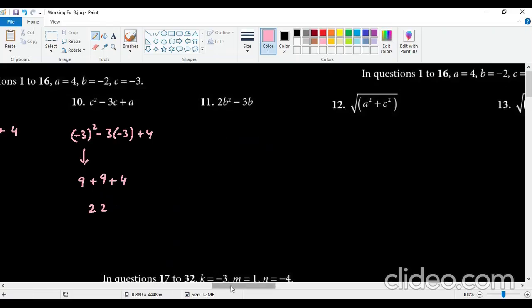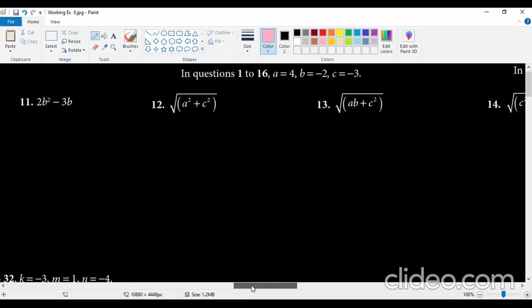Now comes question number 11. It is 2 times b squared. That means the value of b is negative 2, which is squared, and 3 times b, again negative 2 without a square. So this will give us a positive 4, plus 3 times 2 is 6.